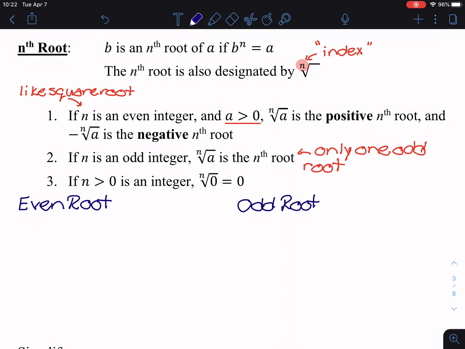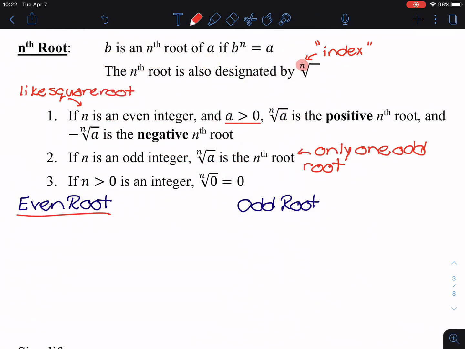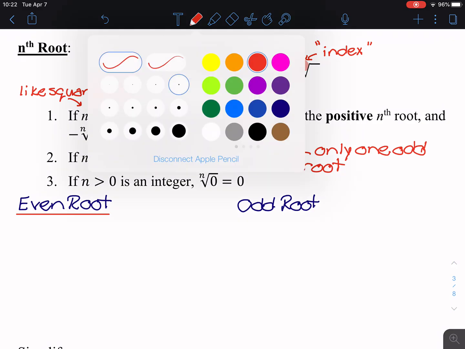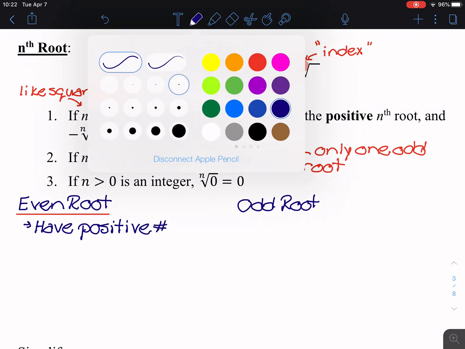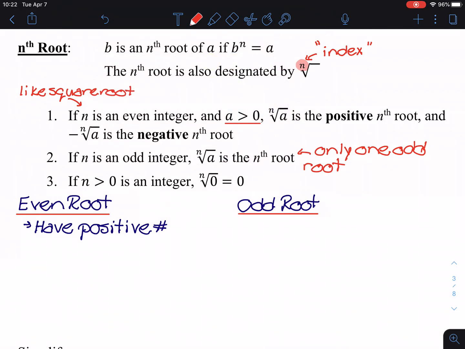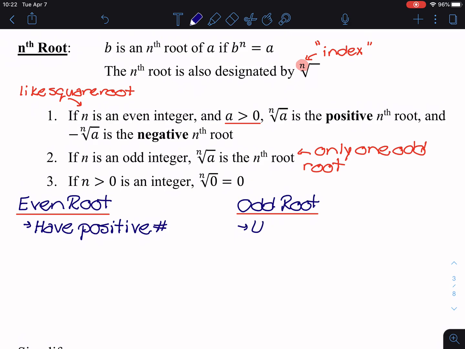For an even root, you have to have a positive number. You can only take the even root of a positive number, whereas on an odd root, you can use any number.